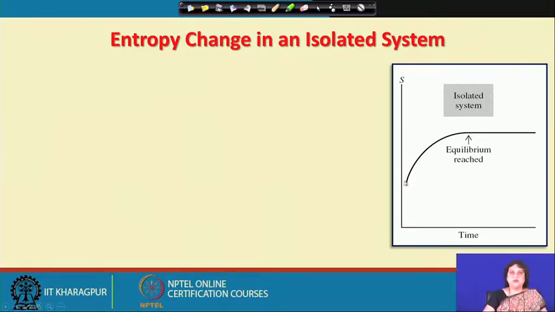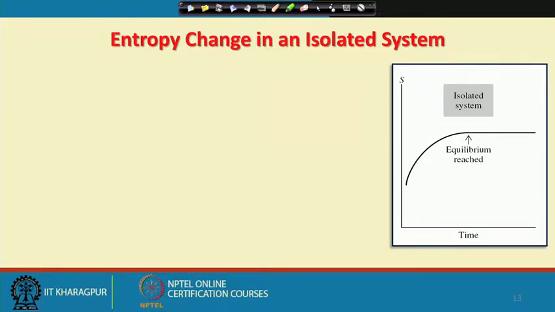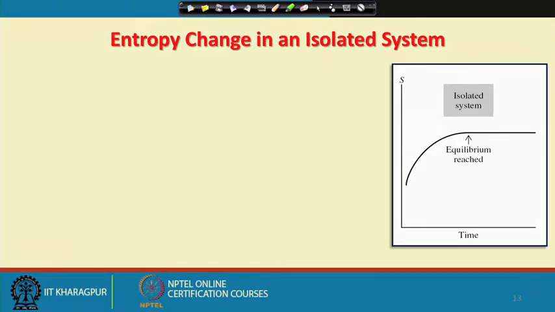You started from somewhere here and then you allowed the system to evolve with time. Now, why is it that I am talking about time? Because I have an irreversible process which goes very fast, and this is how the instantaneous value of entropy is going to change.